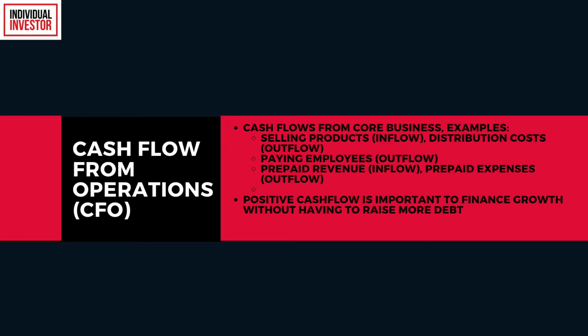For example, here we can find things like inflows from the sale of products and services, but outflows to pay for the distribution of such products. We can also find things like employee salaries, which would be considered an outflow. If there's any prepaid revenue, this will be considered an inflow. But if we have any prepaid expenses, on the other hand, this will be considered an outflow of cash.